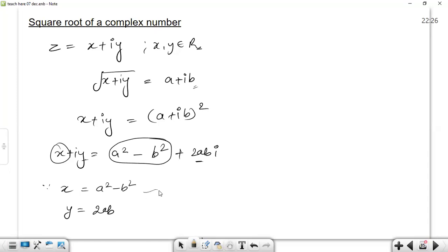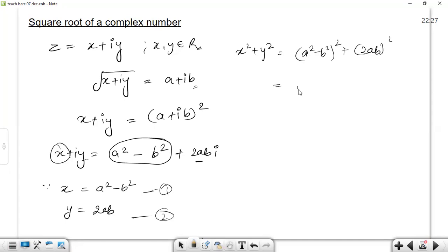So if we take this equation and this equation and add both of them after squaring, we get x square plus y square on the left hand side, and a square minus b square, its square, plus 2ab square. Let's see what it becomes.